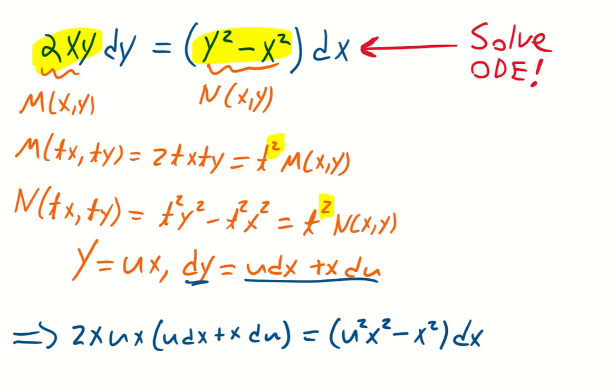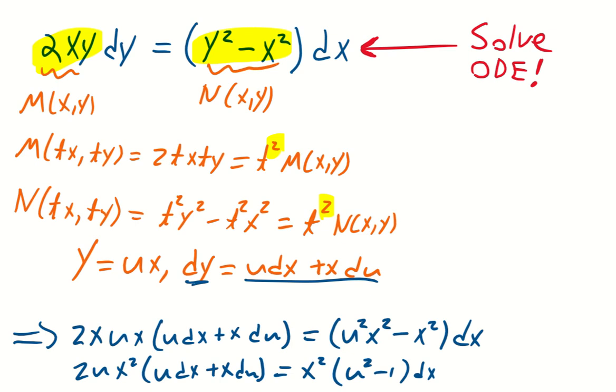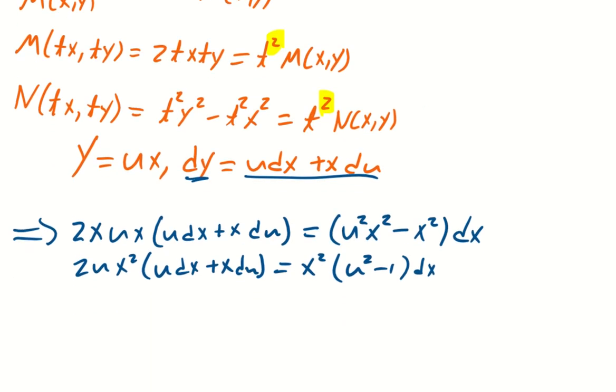And so we have 2u x squared, the quantity u dx plus x du. On the right-hand side, we can factor out that x squared, so we have x squared multiplied by the quantity u squared minus 1 dx. And like any good homogeneous equation, because we made our appropriate substitution, we have an x squared here and an x squared here.